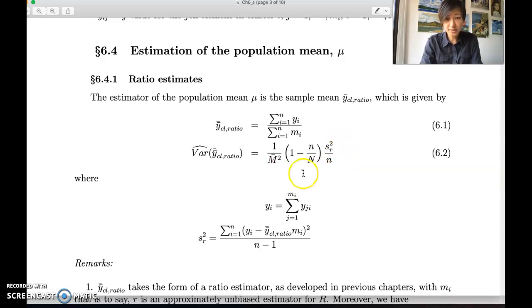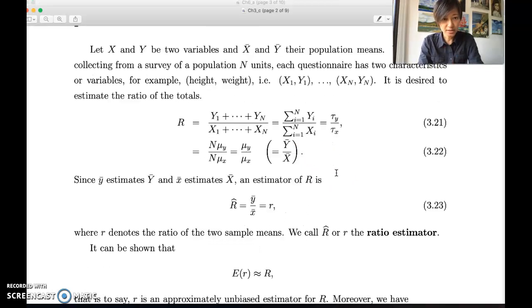If you look at this equation, you may find it quite familiar, because we have an s_r squared in the estimated variance. So we are looking at this approach as similar to the ratio estimation in chapter 3 in simple random sampling. Okay, so let's go back.